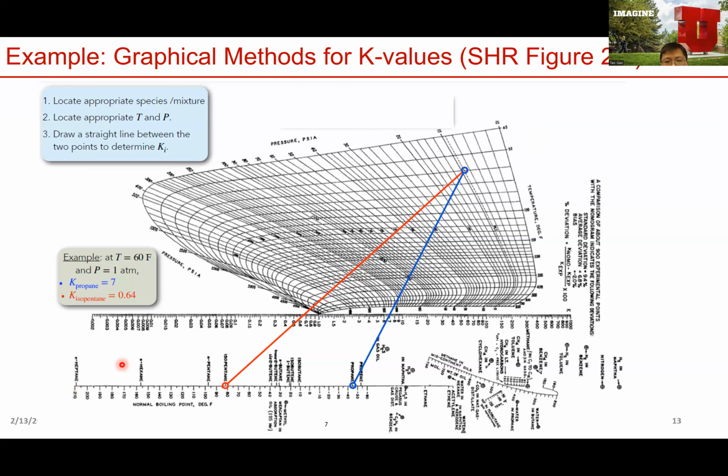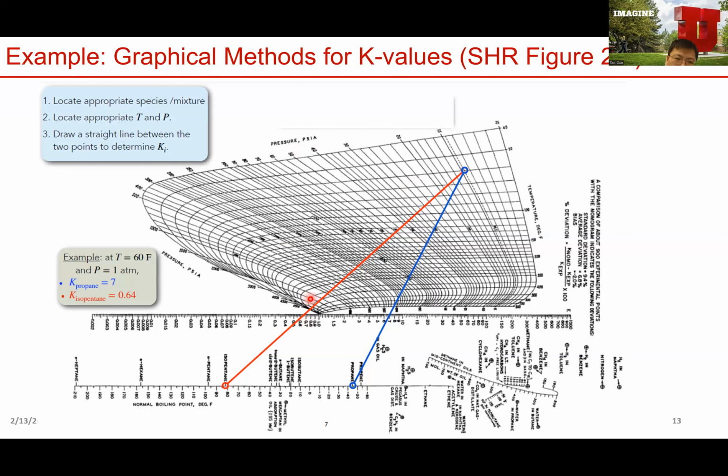Then there's a second axis here that is the K value axis, right? On a log scale, and from left to right, you go from low to high. Then here you have a skewed coordinate partition where you have two axes, right? Here on the left, you have the pressure in PSIA. This is also on a log scale, but from big to small, right?